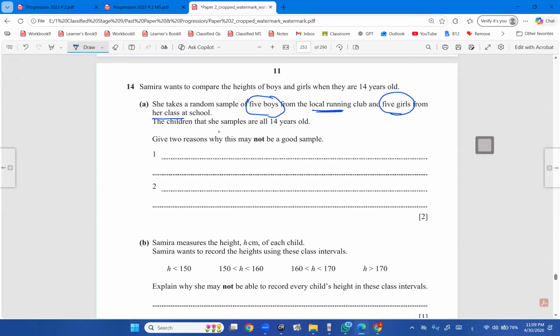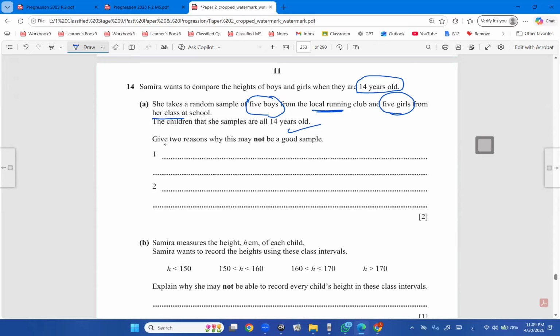The children that she samples are all 14 years old. So I don't have a problem with the 14 years old. Why? Because this is what she needs to investigate. But I have a problem with only 5 boys and 5 girls, because this is a few.